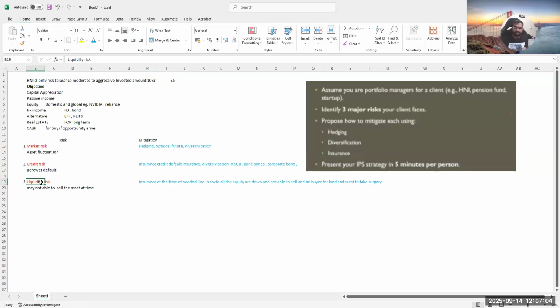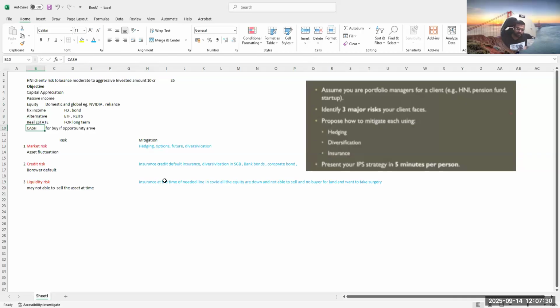And I also have a liquidity risk. Like if a pandemic like COVID-19 hits, I am not able to sell my equity, real estate, or alternatives, and I am locked in my fixed income. So I am not able to have any cash at that point, and if I want a surgery, I may be in a liquidity risk.